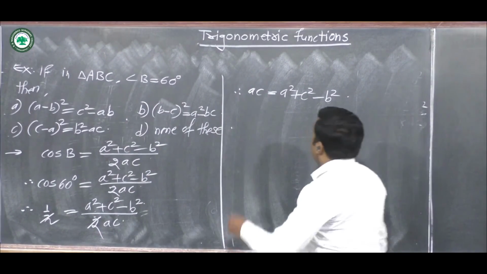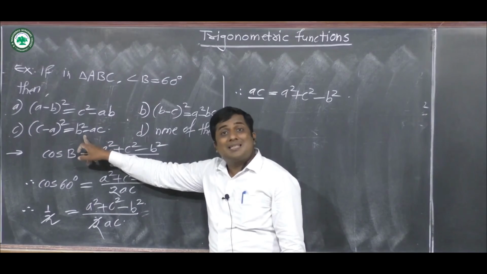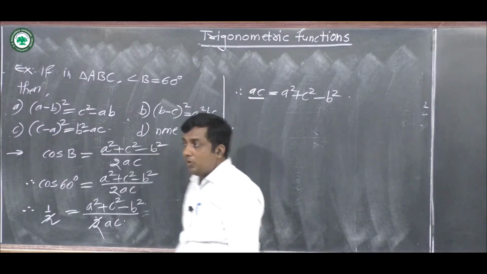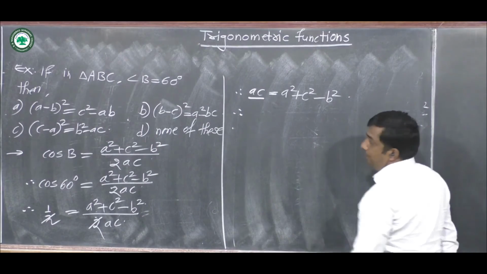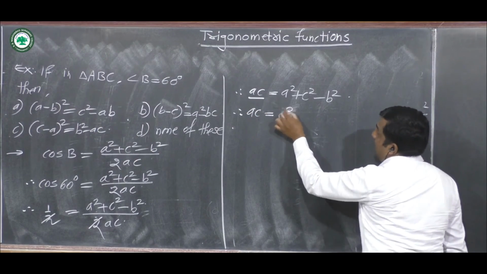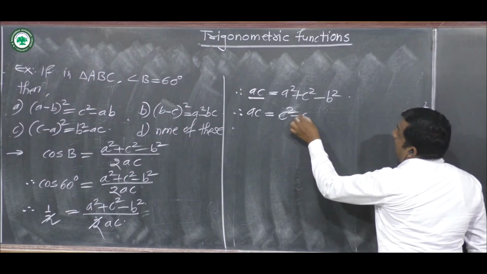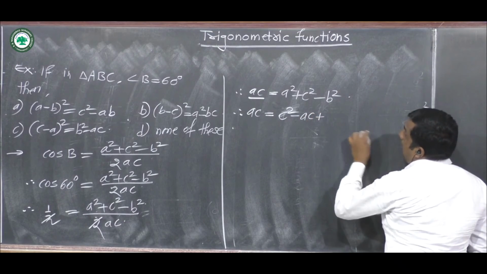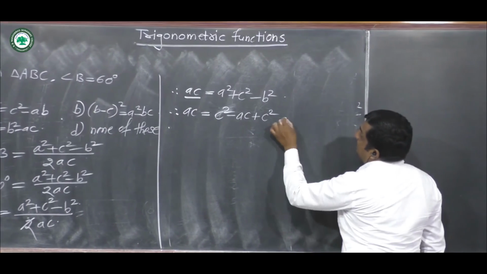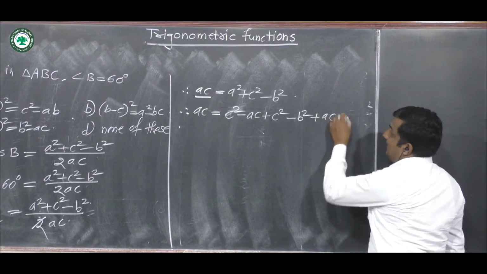Now see our options. Here ac is given, and in option C, ac is given and (c minus a) square is given. So for this step, I write c square first, since (c minus a) square is given: c square minus ac, then plus a square, with minus b square, and here we add plus ac.